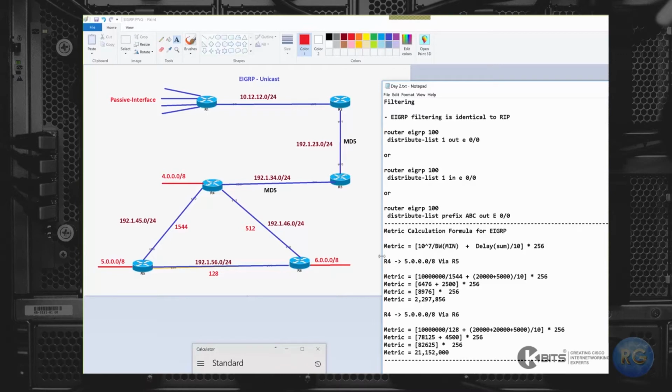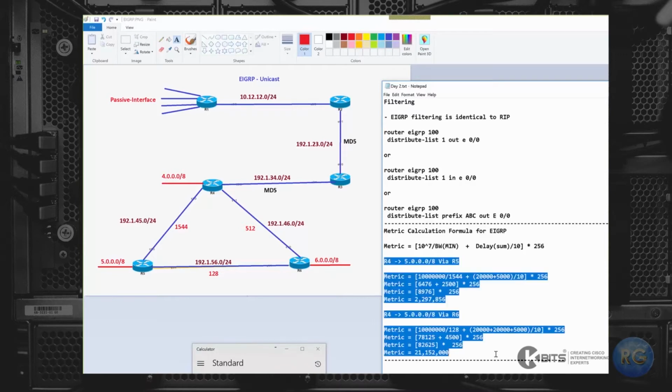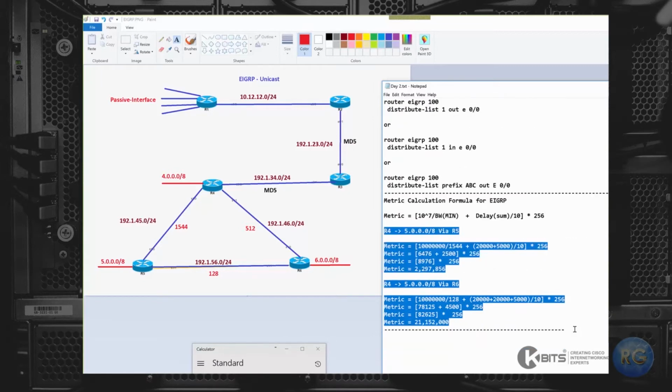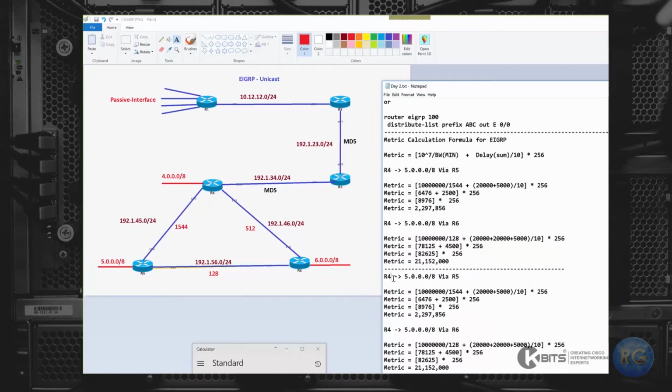So what I want to do is the same thing. I want to do it from R5 towards R6, or let's do R4 as this one and R6 the other one.